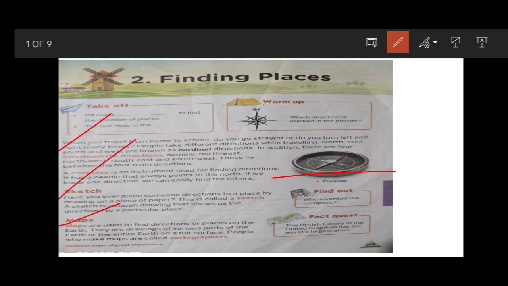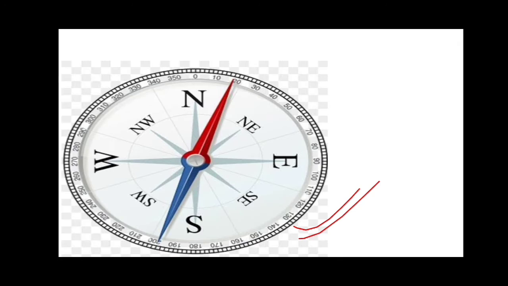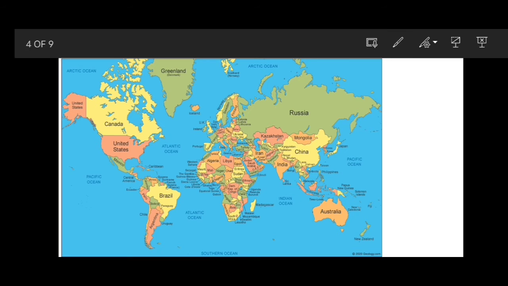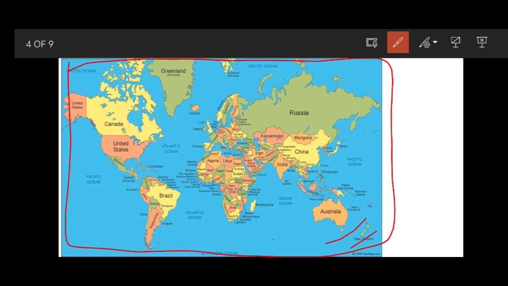Next, maps. Maps are used to find directions or places on the earth. They are drawings of various parts of the earth or the entire earth on a flat surface. People who make maps are called cartographers. This is a map, a wall map. Here we can see directions or places on the earth.